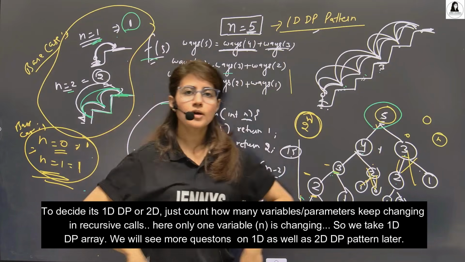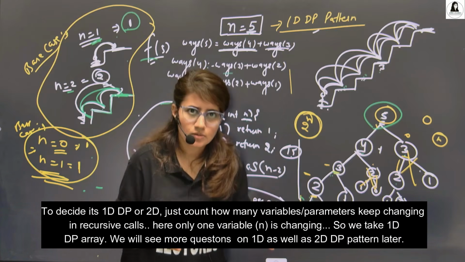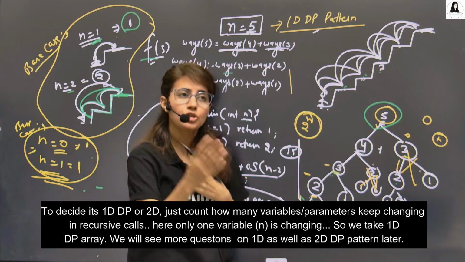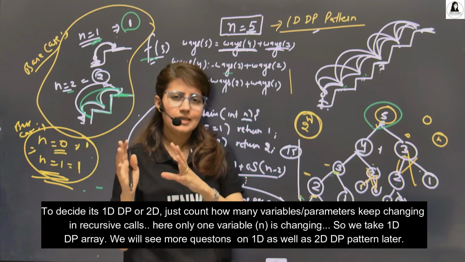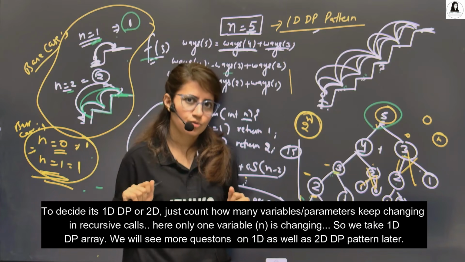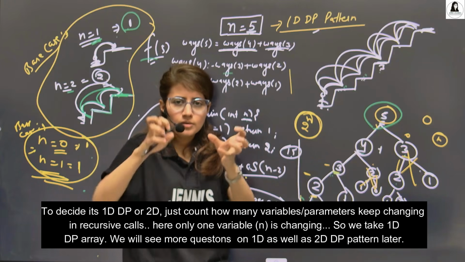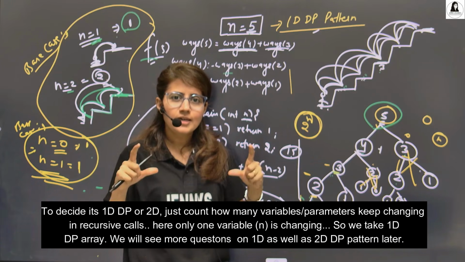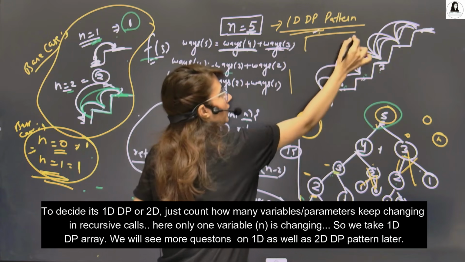Because I've told you, in DP, at every stage we have to take some decisions, and decisions we can take when we have data. So DP prepares or generates tabular data, and from that data, it decides and finds the best solution. So we can say: explore all the feasible solutions and pick the best one using DP. In this case it's a 1D DP problem, we just need only one array.